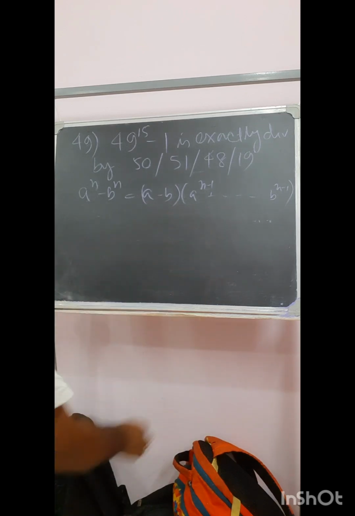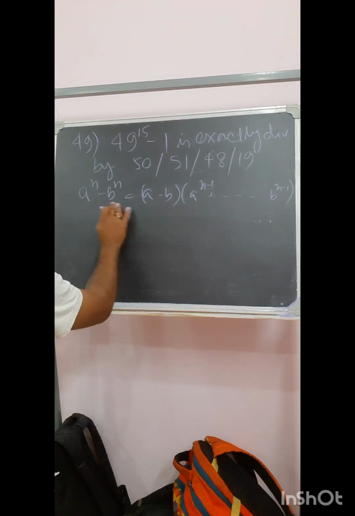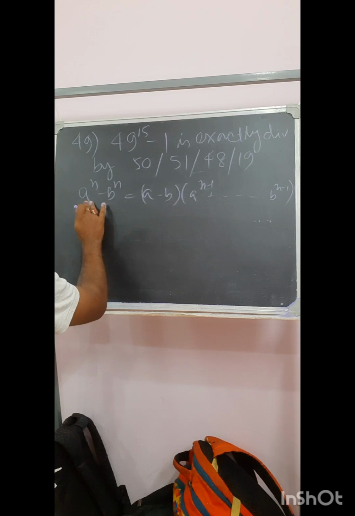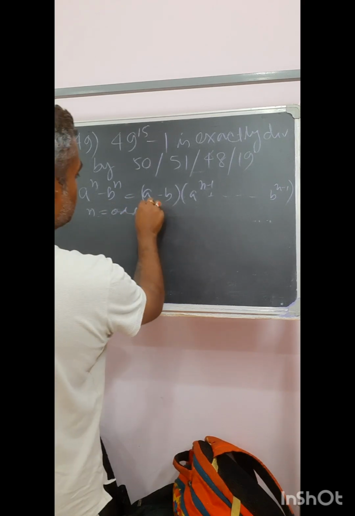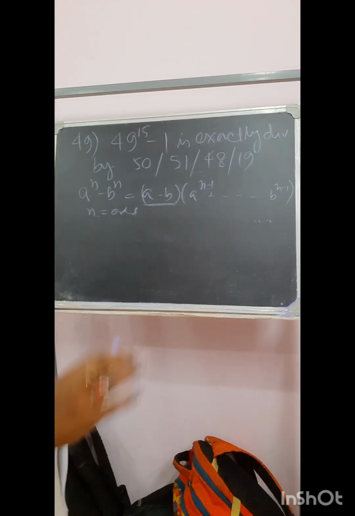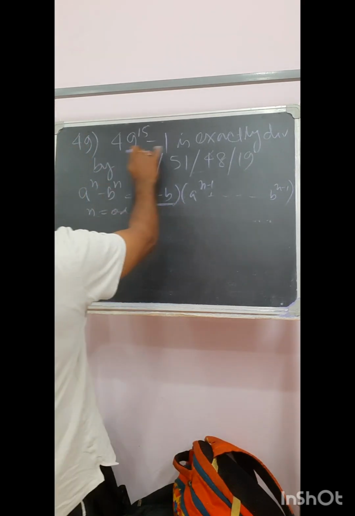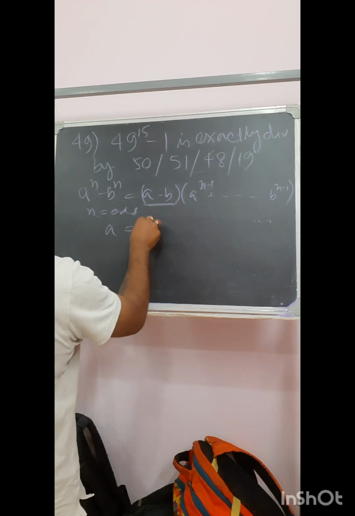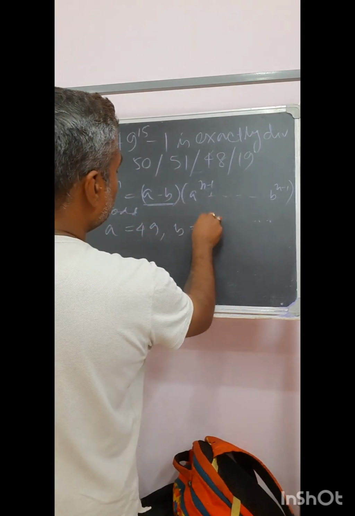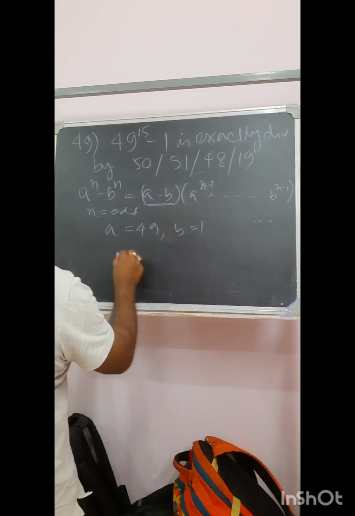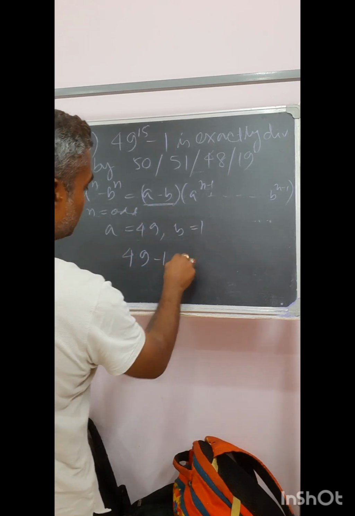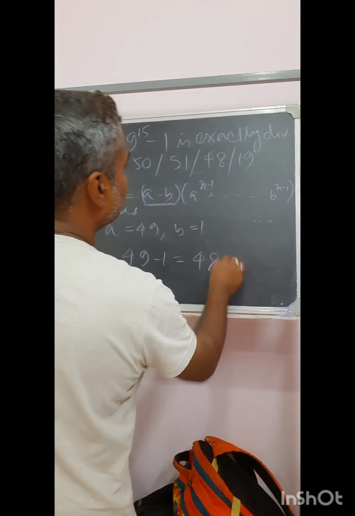For terms like this where n is odd, a minus b would definitely be a factor. Here a is equal to 49 and b is equal to 1. So a minus b, that means 49 minus 1, will definitely be a factor.